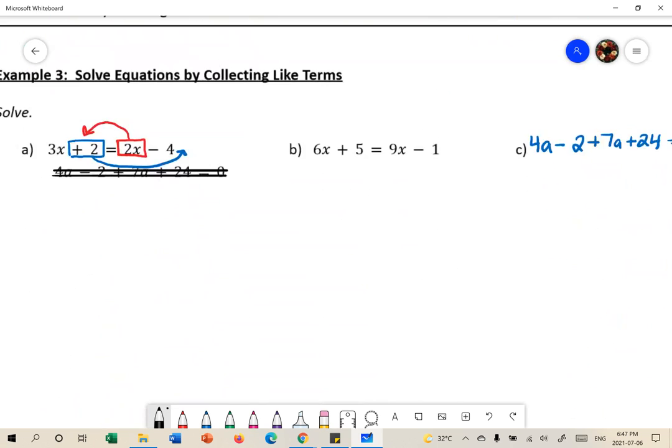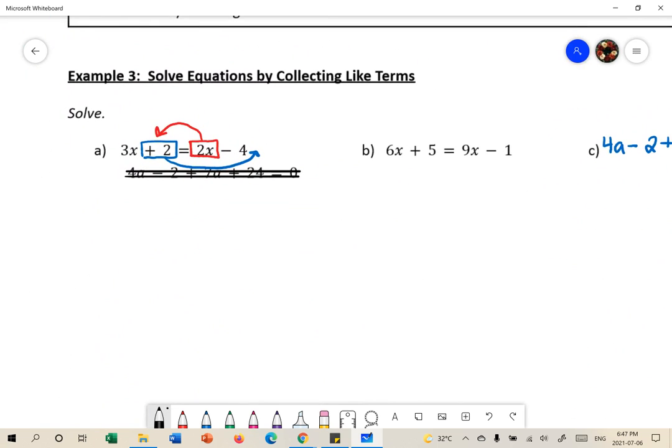Another way of doing it is actually just moving them over to the other side. So this 2x is positive 2x on the right. On the left, it's going to turn into a negative 2x. And the +2, we're trying to move it to the right side. It's positive on the left side, but when you move it over to the right, it's going to become negative.